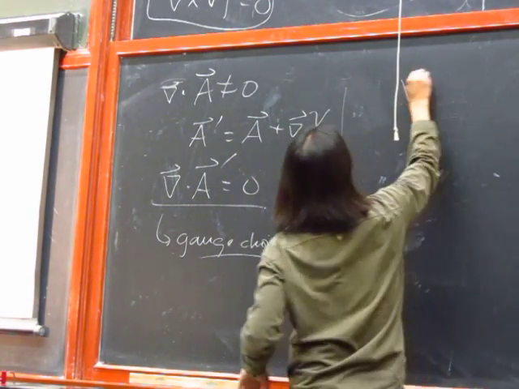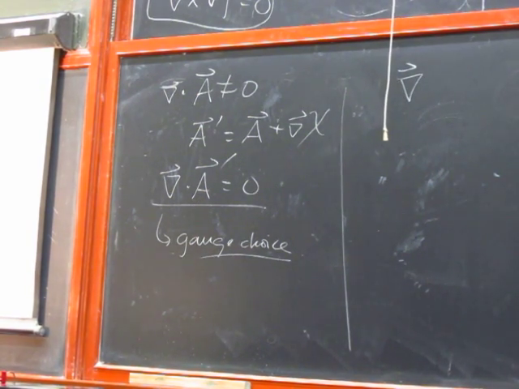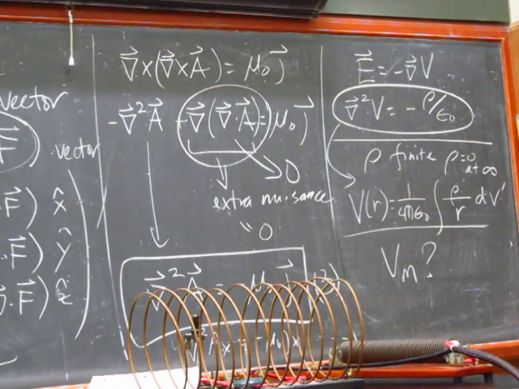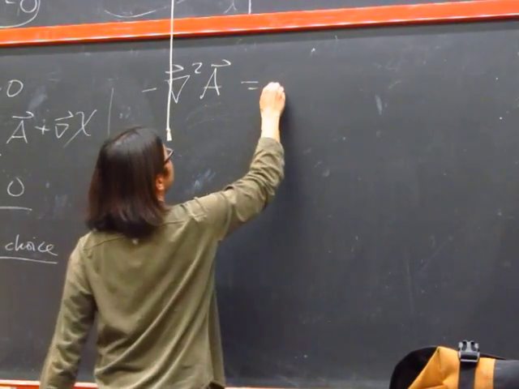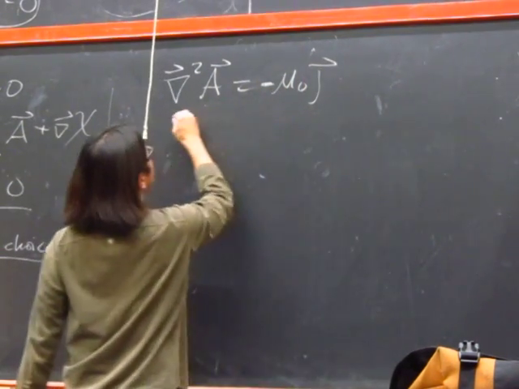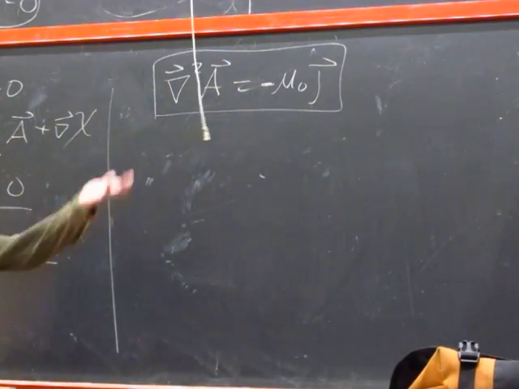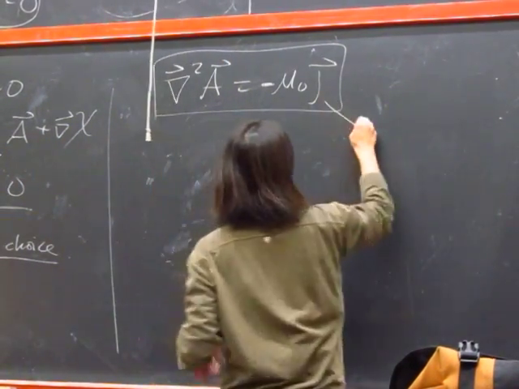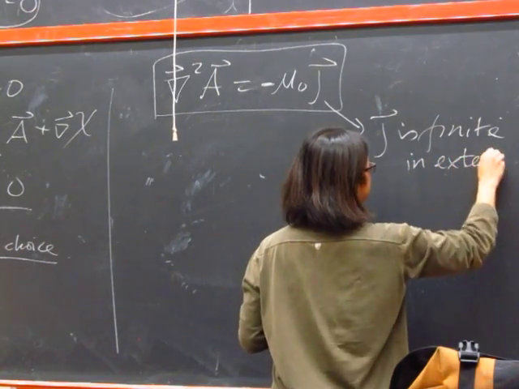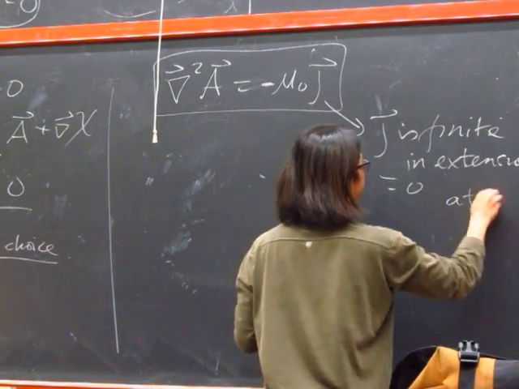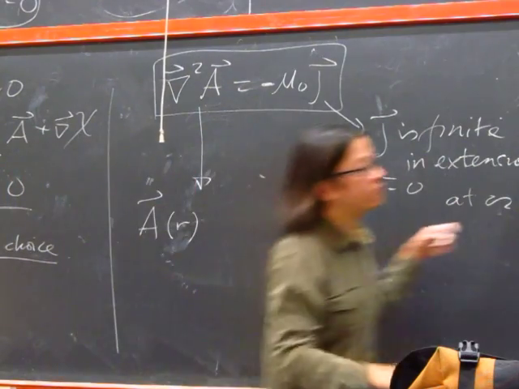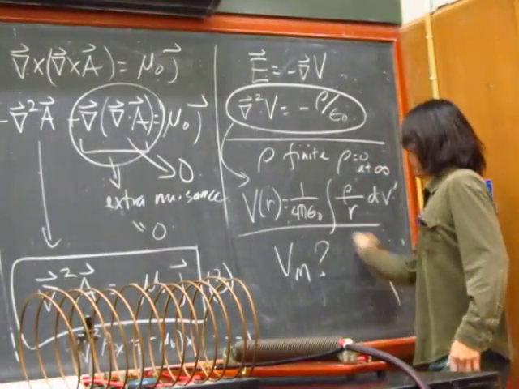This term goes away, and you're left with minus the Laplacian of A equal to mu naught J. Then this has a solution we already know, as long as J is finite in extension and goes to zero at infinity. I'm just copying this equation now.